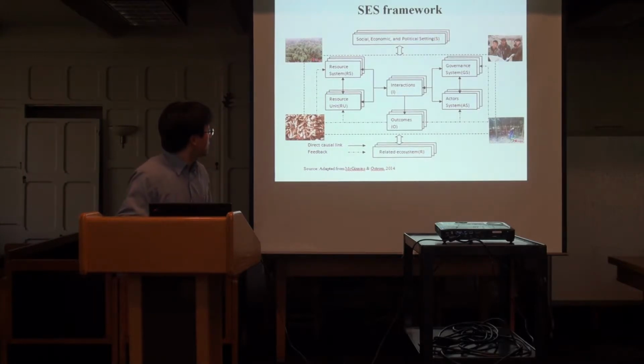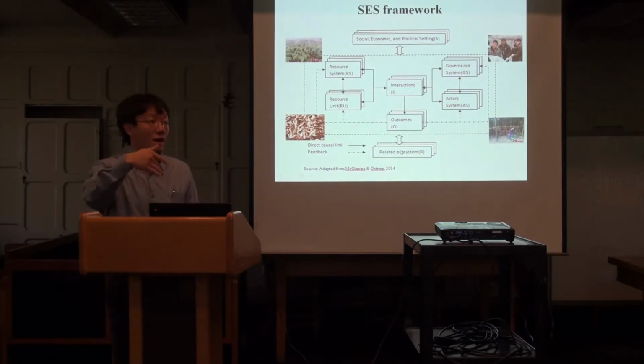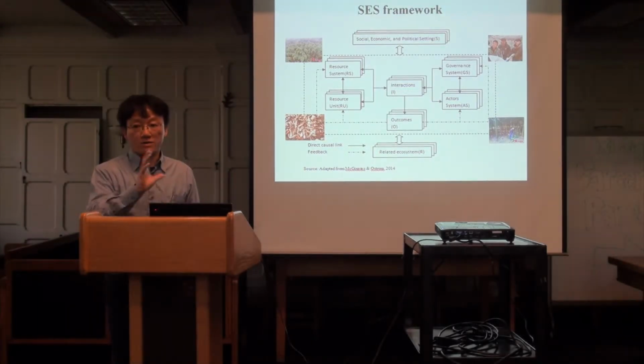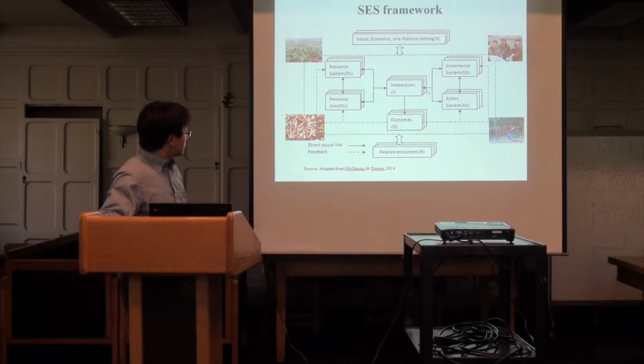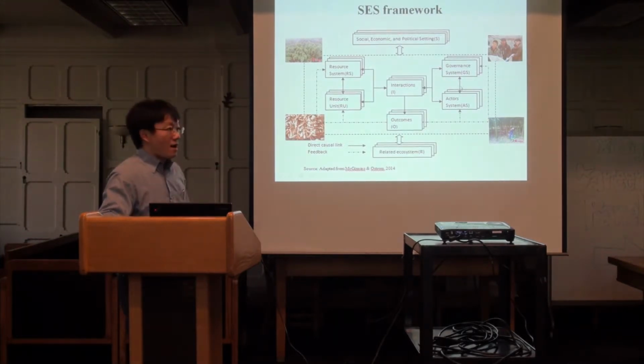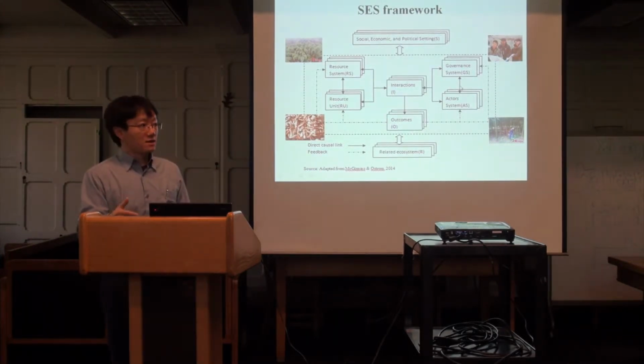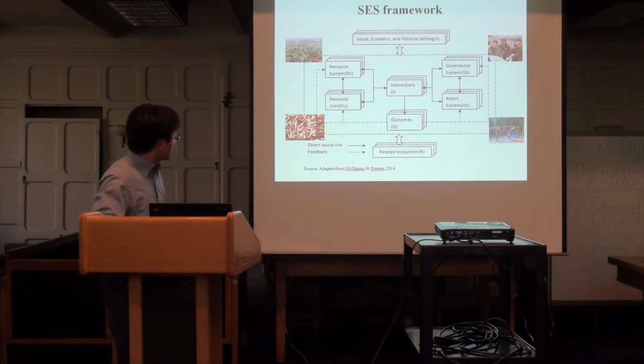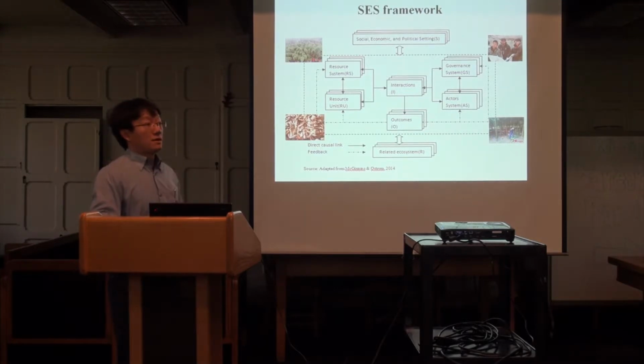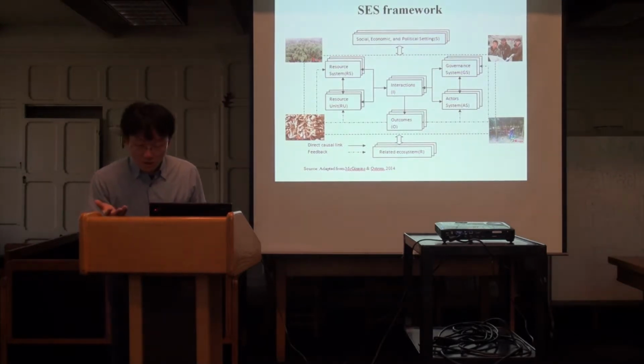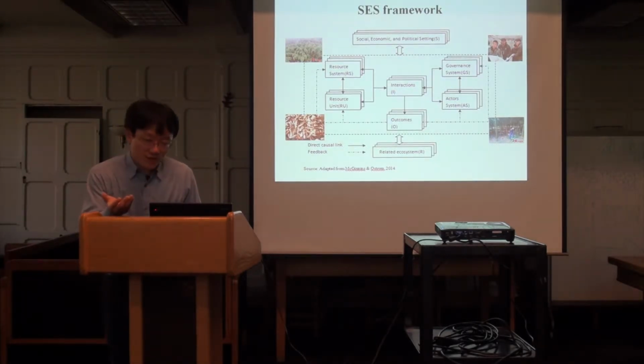And the social, economic, and political setting and the related ecosystem are outside. And these four systems are interactive to each other, and they generate outcome. This is the Ostrom SES framework.